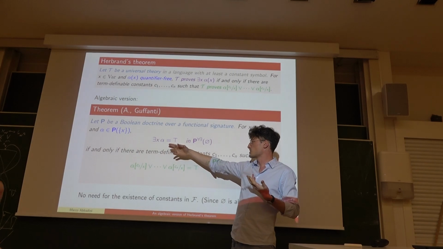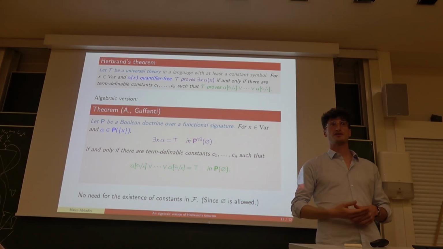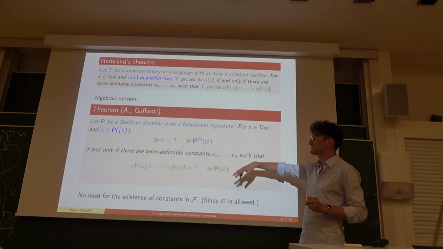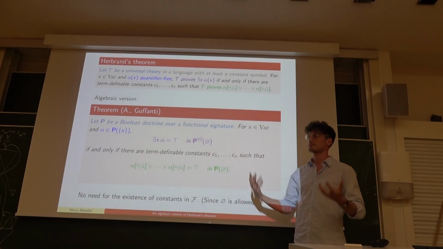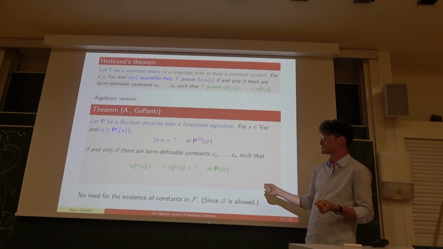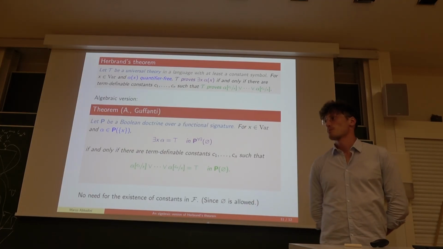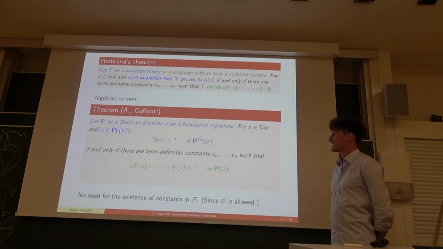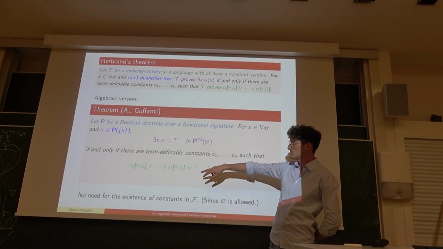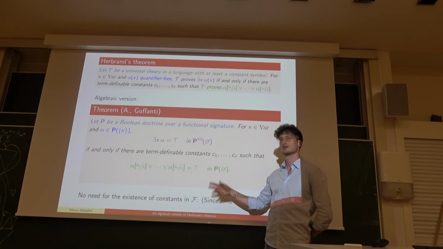Now, we cannot talk anymore about exists x alpha in P, because P does not have quantifiers, but we can talk about exists x alpha in this quantifier completion. And here, exists x alpha is true if and only if there are term definable constants c1, ..., cn in this signature, such that, already in P, the join of these substitutions is true.